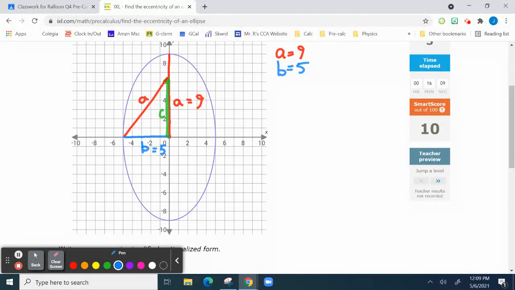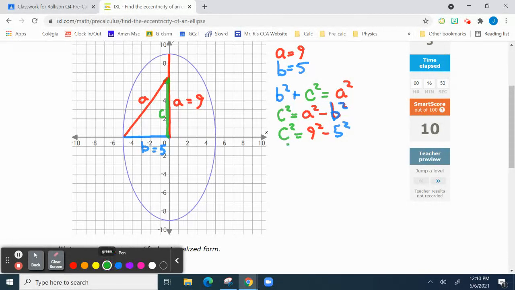And we know, looking at this triangle, that B squared plus C squared equals A squared. So C squared equals A squared minus B squared. Hey, it didn't register. I clicked it and it didn't register. So C squared equals, what's A squared? It's going to be 9 squared minus B squared, 5 squared.